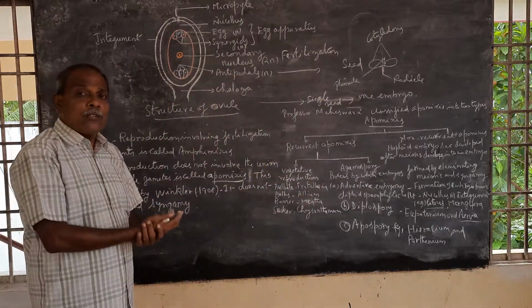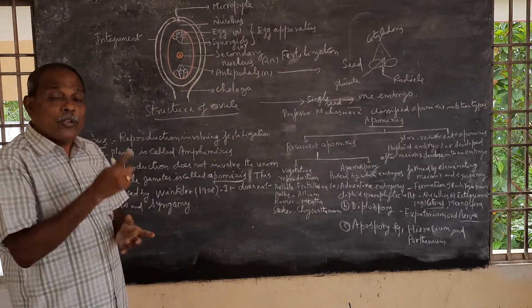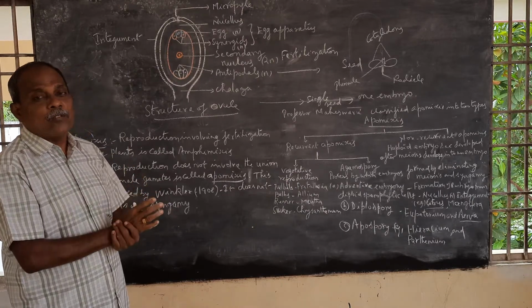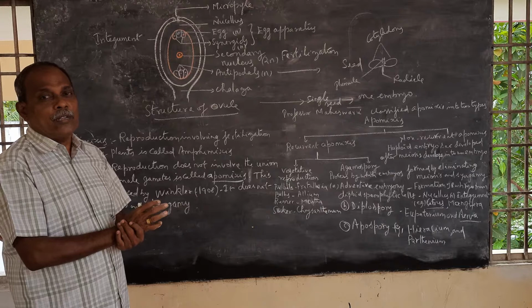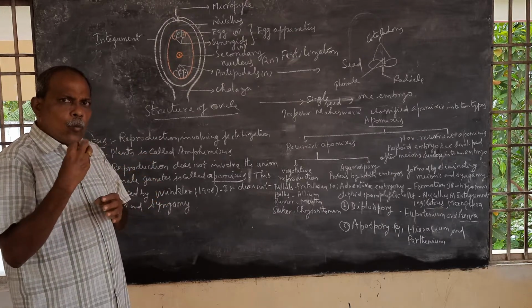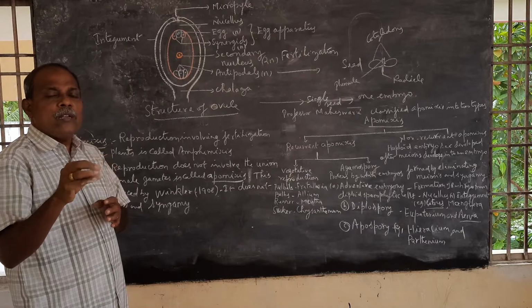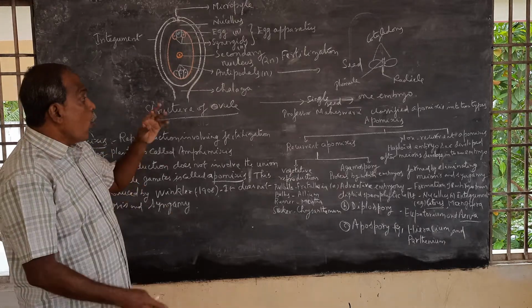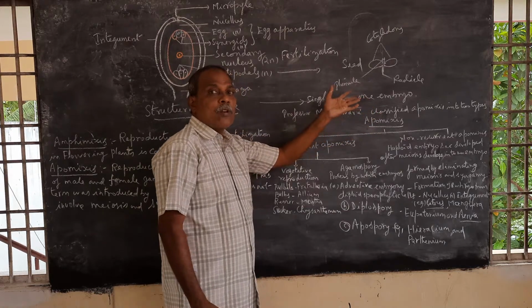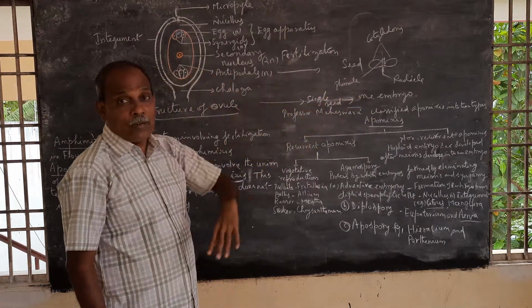But sometimes more than one embryo develops in a seed. That is called polyembryony. Polyembryony is a condition where more than one embryo develops in a seed. Normally only one embryo develops, but sometimes many embryos develop.